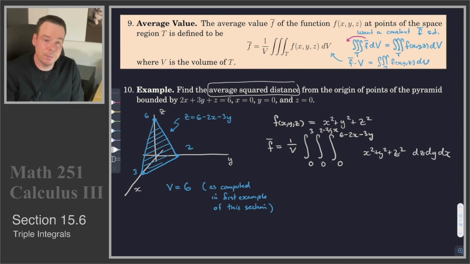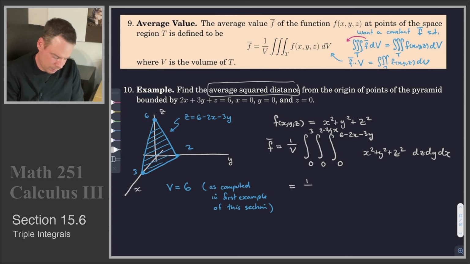The only subtle difference is originally we set it up as a double integral to compute the volume, but then I said this is how we can interpret it as a triple integral, and that's the interpretation we needed here, because we need to integrate over all points over the entire solid of this function x squared plus y squared plus z squared.